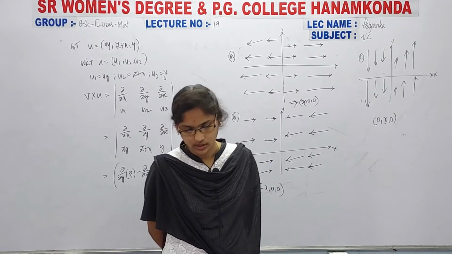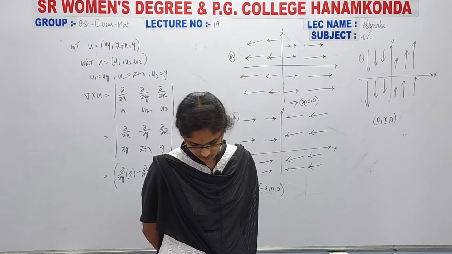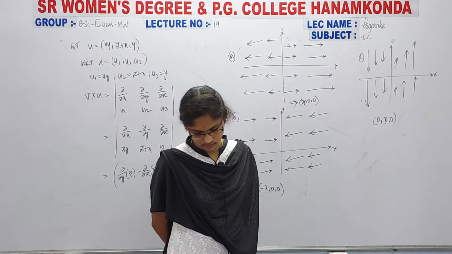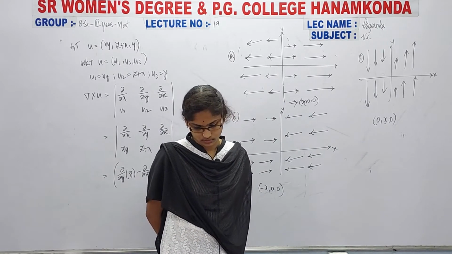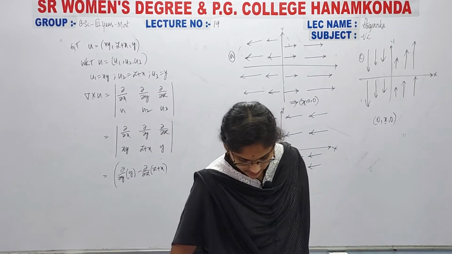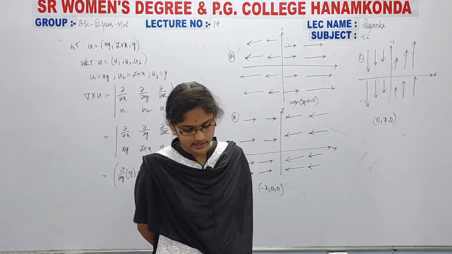Therefore curl w is in the z direction. Okay, so that's it. And here next write down, this rotation is about an axis.